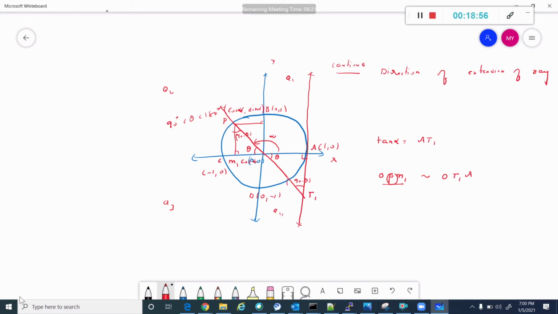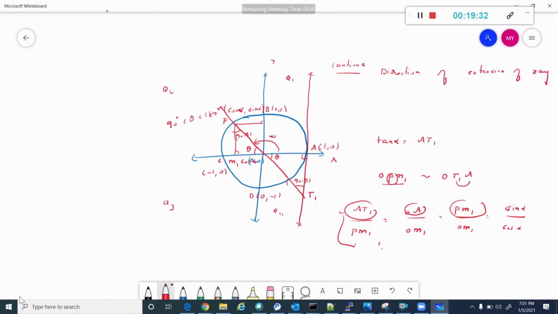Now I can write AT1 by PM1 is equal to OA by OM1. OA is 1, so this will be PM1 by OM1, which is sin alpha by cos alpha. And by definition AT1 is tan alpha.